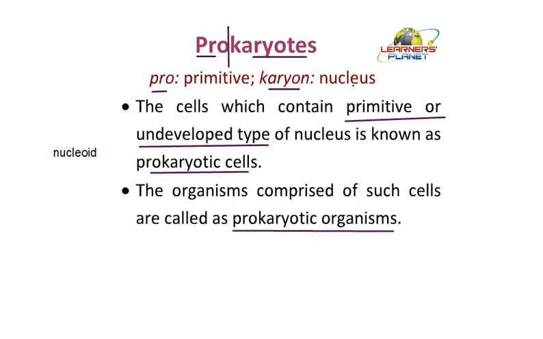If we are calling it a cell, then you have to define it as a cell which contains a primitive or undeveloped type of nucleus. While when you are defining a prokaryotic organism, then those organisms which contain the primitive type of nucleus, or the prokaryotic cells, are termed as prokaryotic organisms.